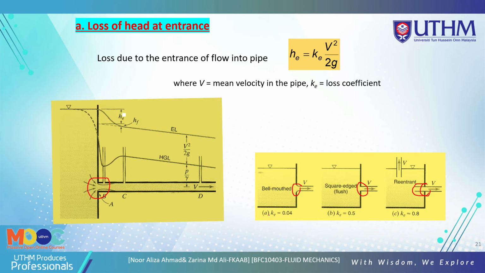Okay, so the KE is given. All the coefficients of the entrance are given, so no need to worry. The bell mounted here, the KE is 0.04. KE for the square edge flush is 0.5 and the KE for re-entrant is 0.8. That is given to you. The KE is usually used for the square edge flush for entrance.